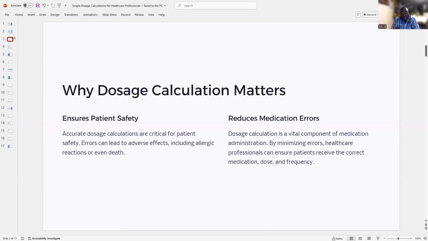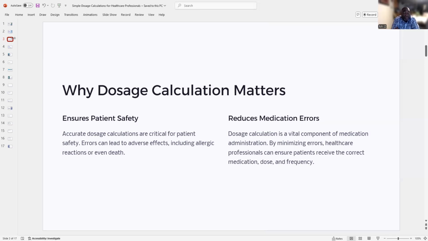How would you give someone Tylenol 325 milligram that was prescribed when you have only 650 milligram? Or how would you give someone Tylenol 650 milligram that was prescribed when in your hand you have only Tylenol 325? You have to make sure the patient is safe.